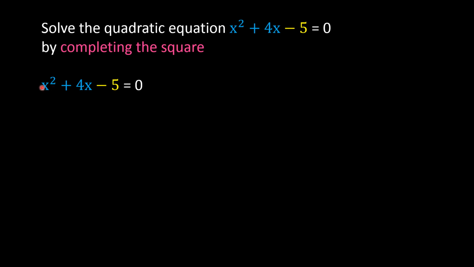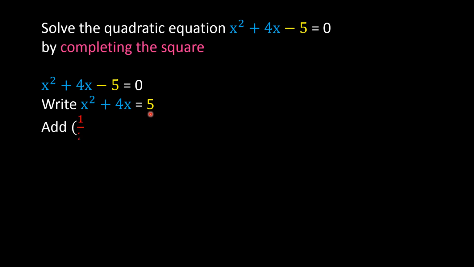If it is 1, then we will take this constant term, which is minus 5, to the right hand side. So we will write x squared plus 4x, these two terms, equals 5. This minus 5 when goes to the right hand side becomes plus 5.